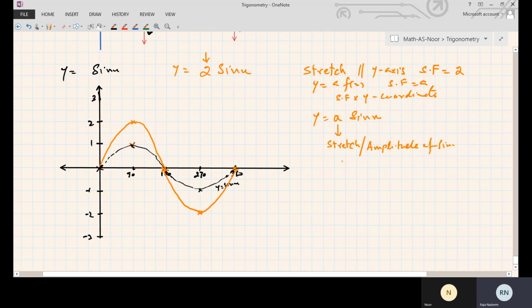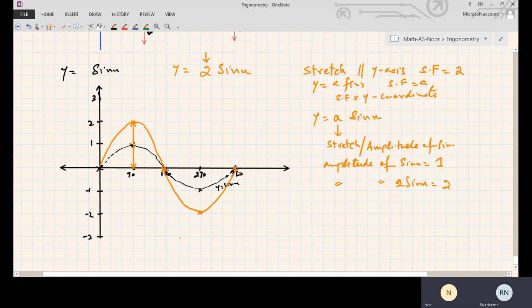If I ask you to find the amplitude of sine of x, the coefficient of sine of x is 1. For 2 sine of x, the amplitude would be 2. Amplitude means the maximum point from the baseline.